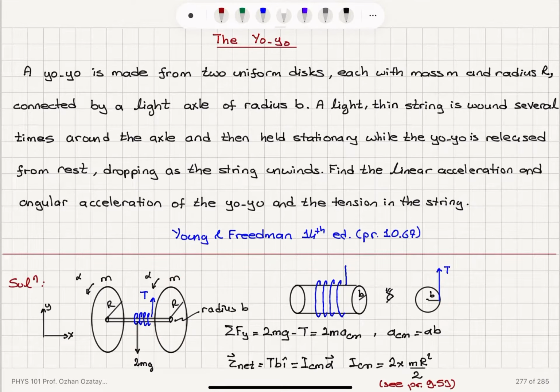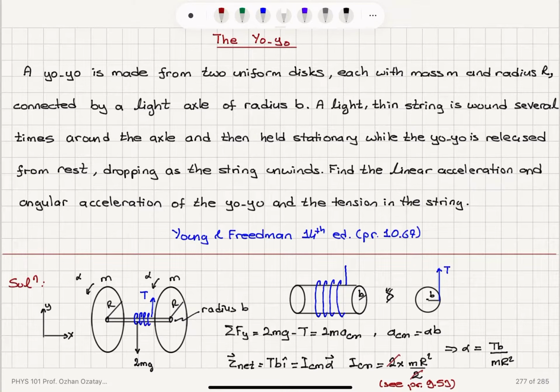So the moment of inertia is with respect to this rotation axis, which is mR squared over 2, and we have two contributions, so it's twice this value. Then we can find that alpha is equal to Tb divided by mR squared, because these twos will cancel.